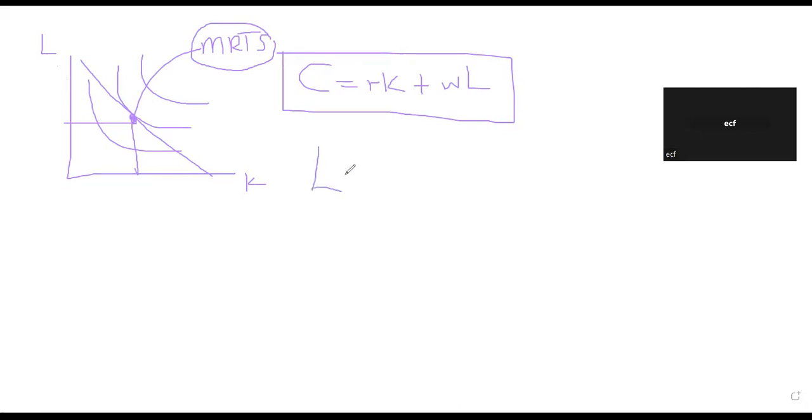And using the Lagrangian function in terms of capital and labor, which is given by C minus R for K minus W for labor. So this is what we call our Lagrangian function.